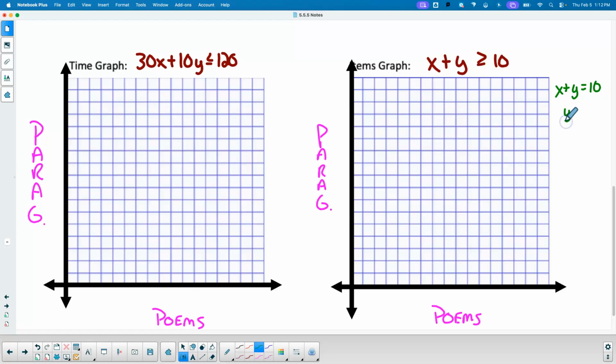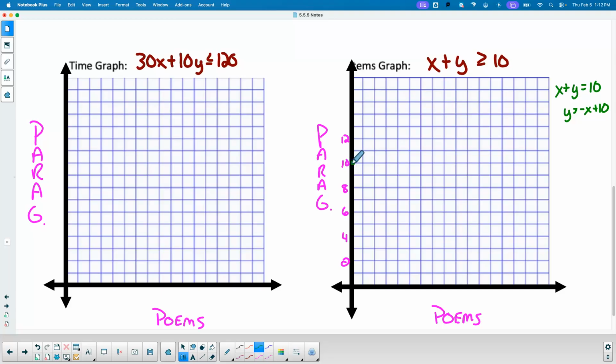So then I would subtract x and I'd get negative x plus 10 is equal to y. So that's going to be a positive 10. 2, 4, 6, 8, 10. So that would be here.